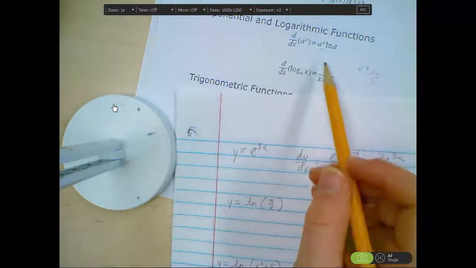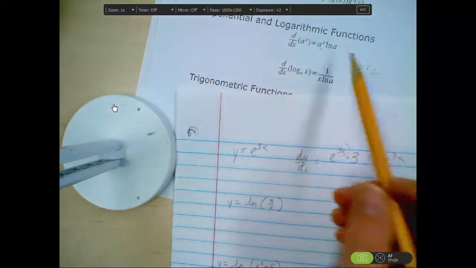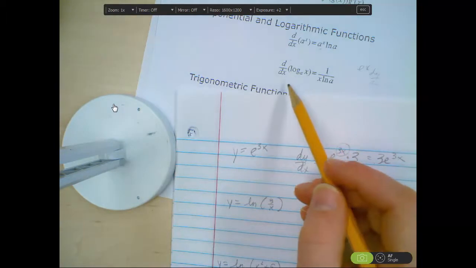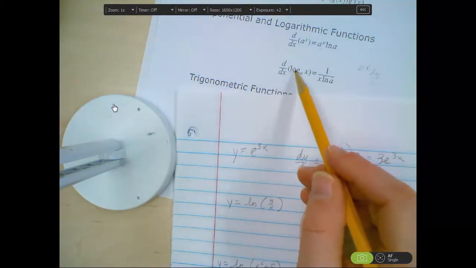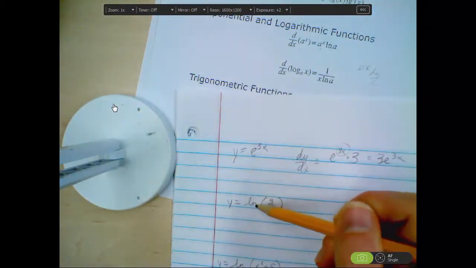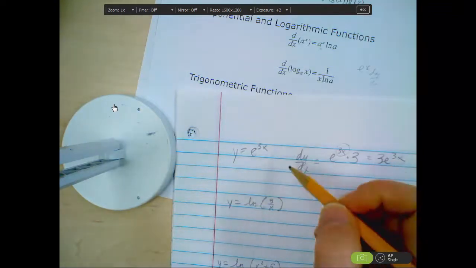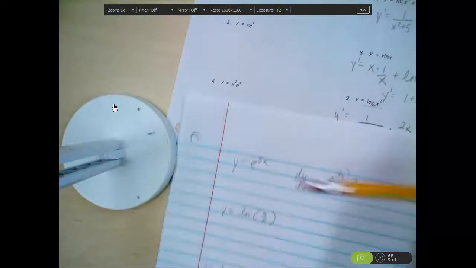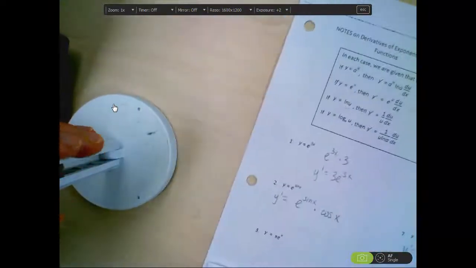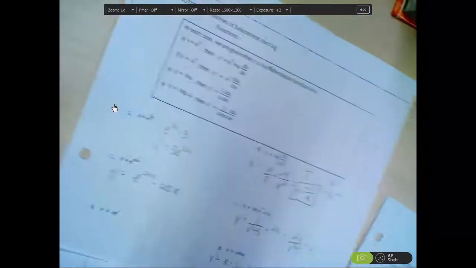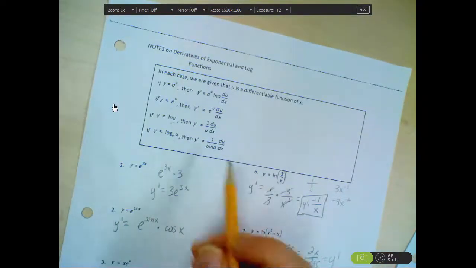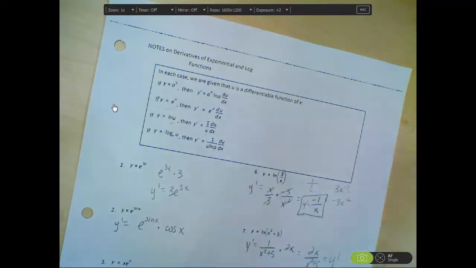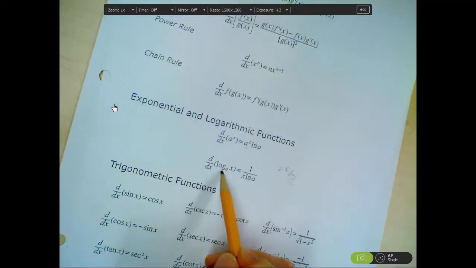If you go back to your sheet, the derivative of log base a of x is the same as saying, remember log base a, ln is just log base e. So there's actually another one I should write on here, and that's this one: the derivative of ln of u is 1 over u du dx, because it's the same as this one.